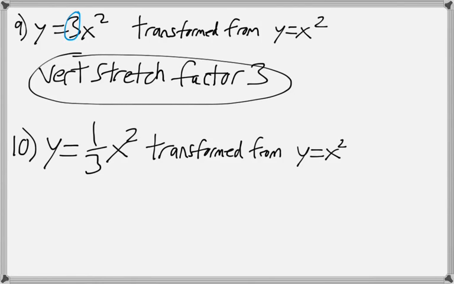So if you were to graph it on your calculator, you'll see that we have our parabola, and then the new one is going to look like this. And it's really called a vertical stretch because for every value you would go up, the y value is increasing upward.